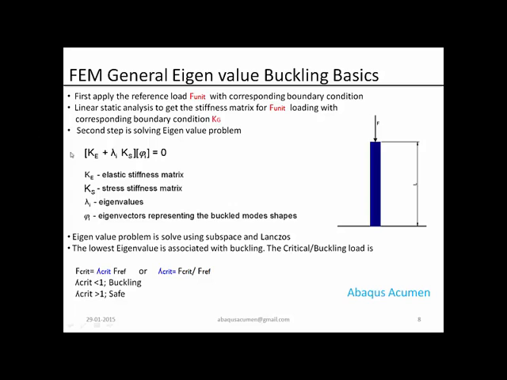So in this equation you get two stiffness terms. The first term is the elastic stiffness matrix. The second term is the stress stiffness matrix, and that is multiplied by an eigenvalue, and this stiffness term into an eigenvector is equal to 0.